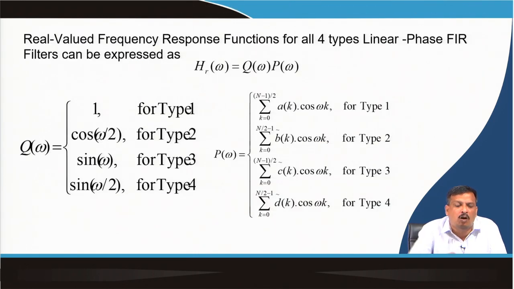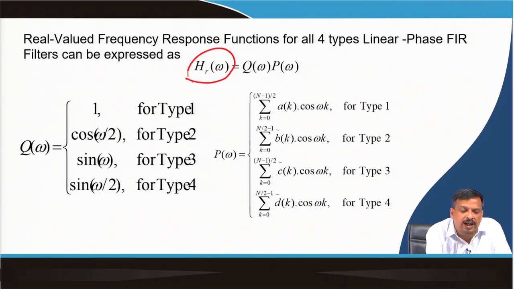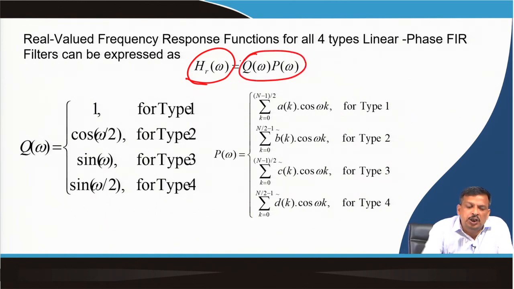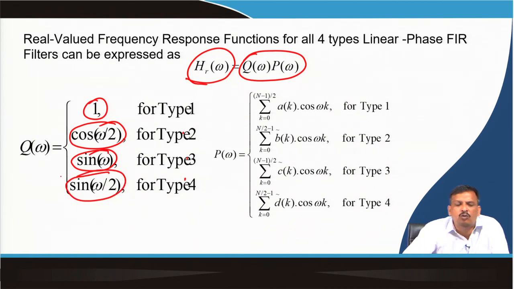In generalized form, H_R(omega) equals Q(omega) multiplied by P(omega). Q(omega) is 1 in case 1, cos(omega/2) in case 2, sin(omega) in case 3, and sin(omega/2) in case 4.